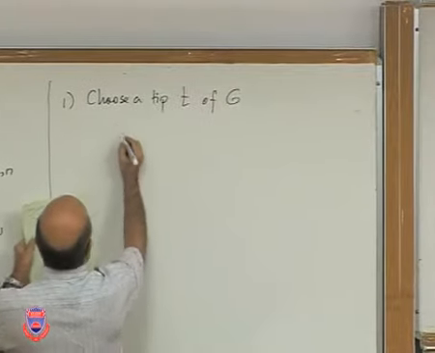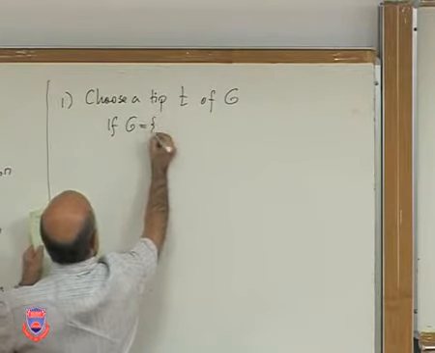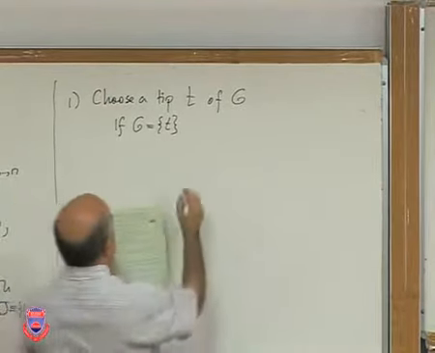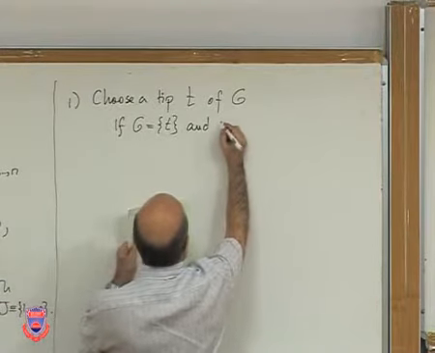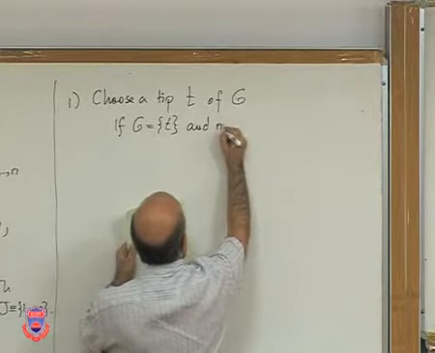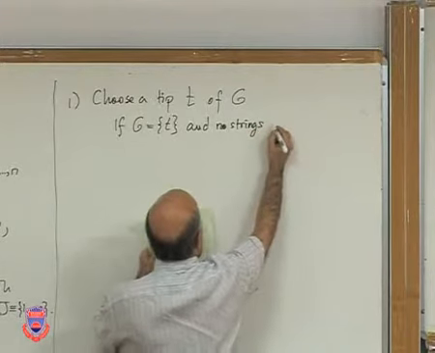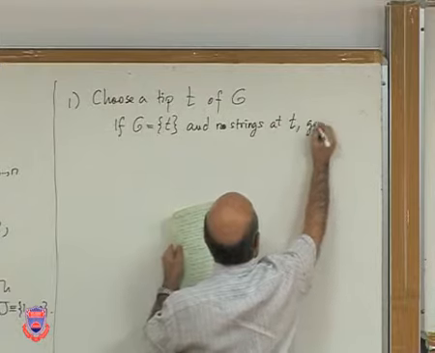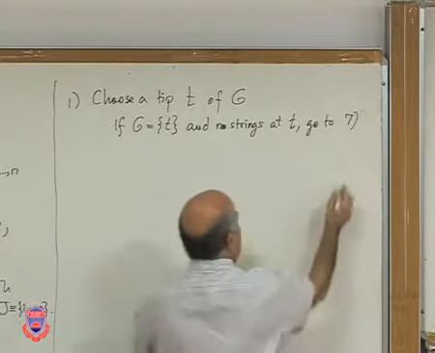All right, so when you make that choice, if the green tree consists of only that particular vertex, then you're done, essentially. If this is the situation and there are no strings at the chosen tip, we go to the termination step, which is step 7.